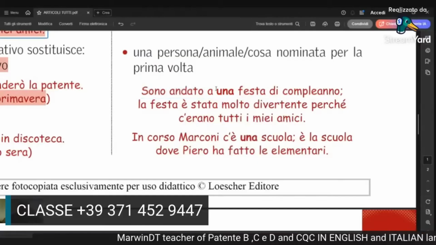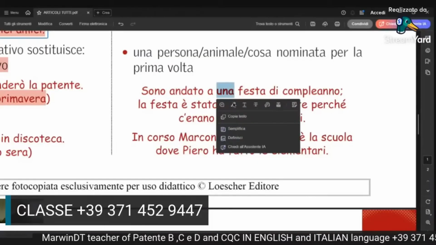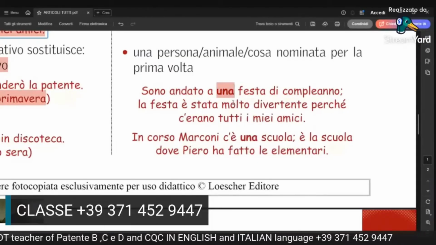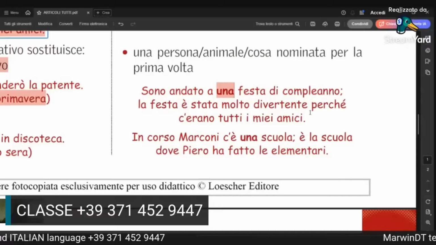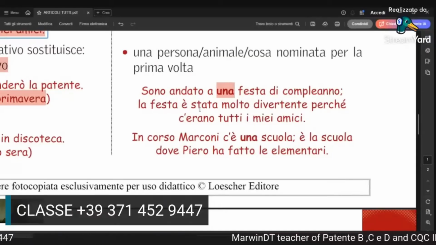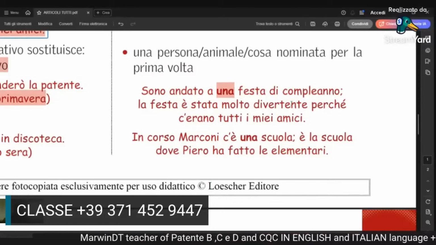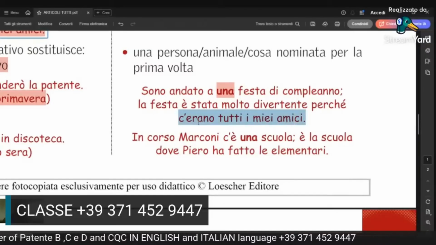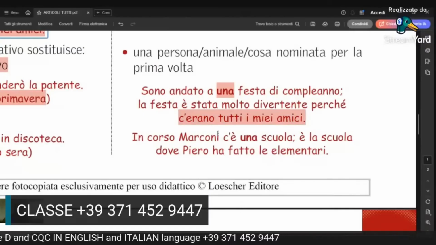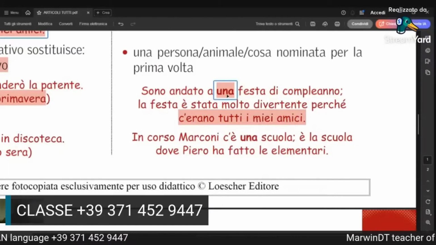So una festa is telling us a party, a birthday party. La festa è stata molto divertente perché c'erano tutti i miei amici. So the birthday party was very joyful or happy because all my friends were there. C'erano tutti i miei amici. All my friends were there. So the una is the articolo indeterminativo.